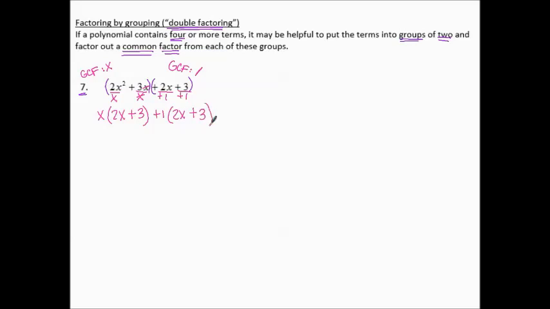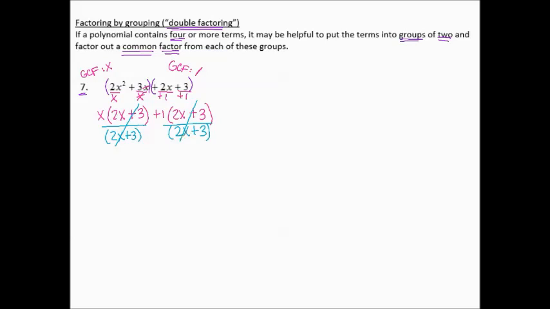When we factor by grouping, if you notice, I have a 2x plus 3 here and a 2x plus 3 here. Something should always match here. If you get something that doesn't match, you want to go back and look at your work. So here I have 2x plus 3 over 2x plus 3, they cancel.